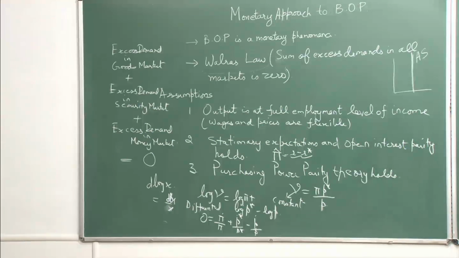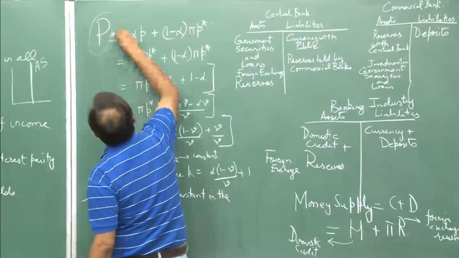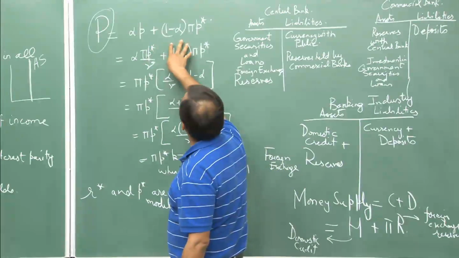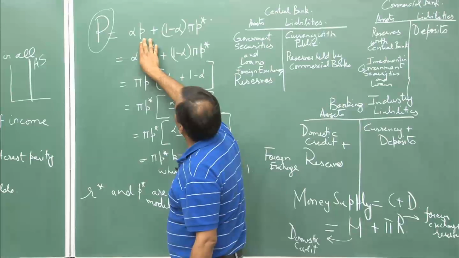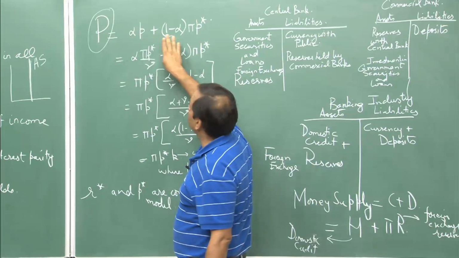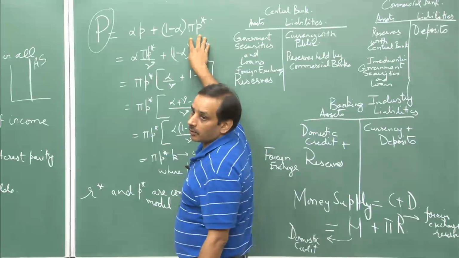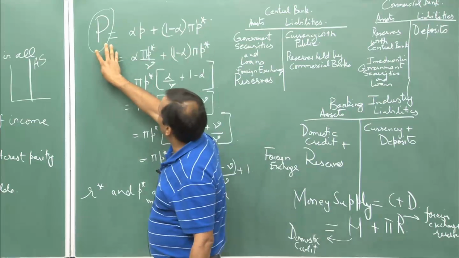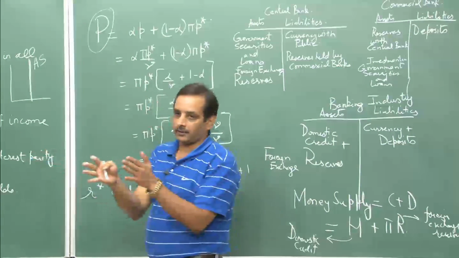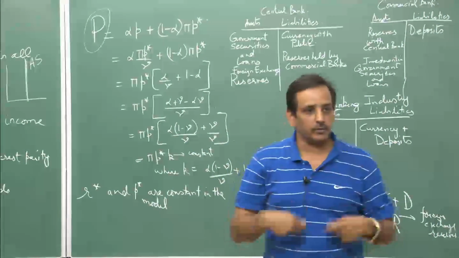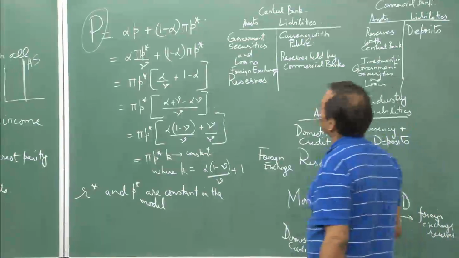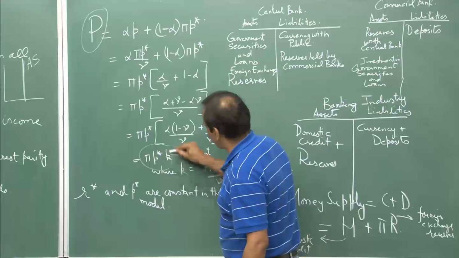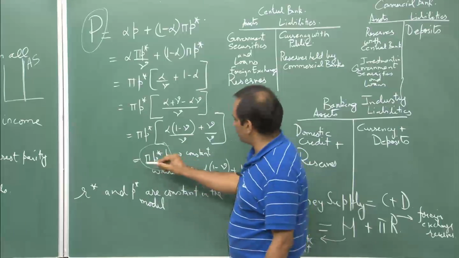Then the price level in your country is a weighted average of the prices of the domestic goods and the prices of the foreign goods. So, you solve it, and what you get is P equals pi p star k, in a fixed exchange rate regime.